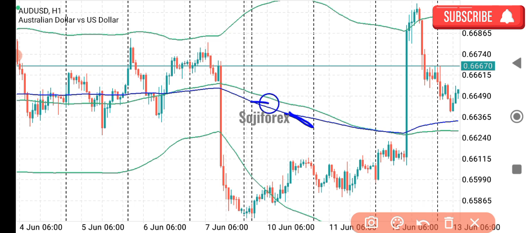The blue line you are seeing here is our moving average, while this is our upper Bollinger Band, which is the green color, the middle Bollinger Band, and the lower Bollinger Band respectively.